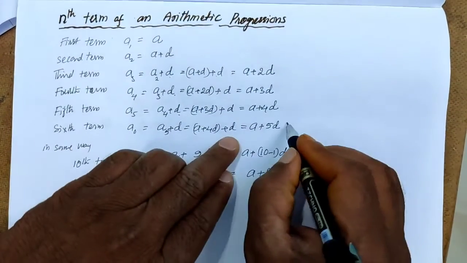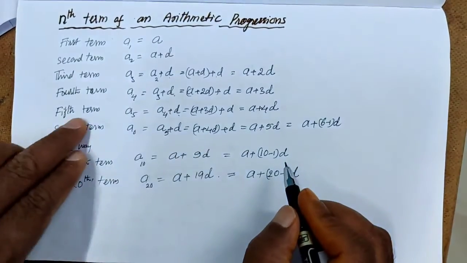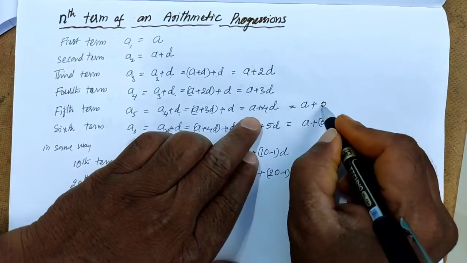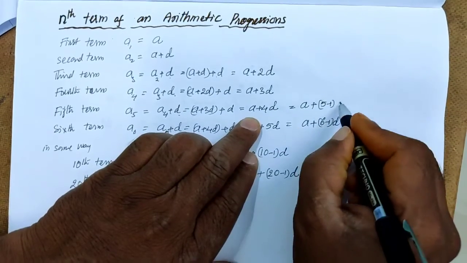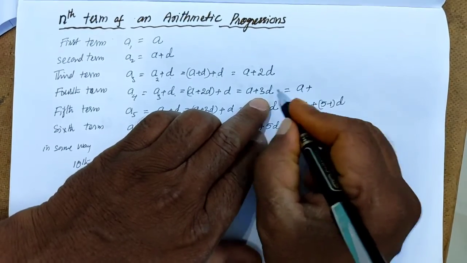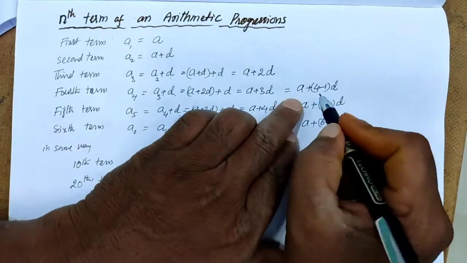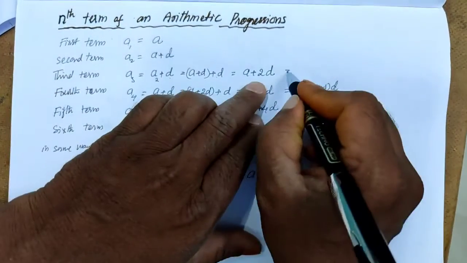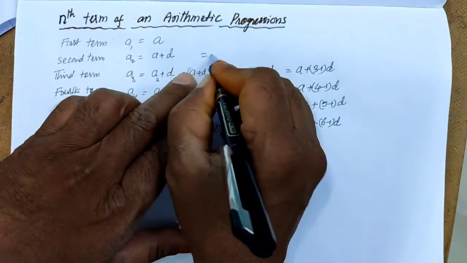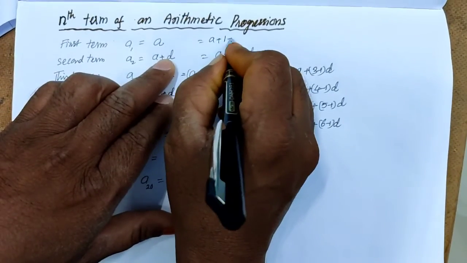Similarly, sixth term can be written as a plus 6 minus 1 into d, and fifth term a plus 4d can be written as a plus 5 minus 1 into d, and fourth term a plus 3d is a plus 4 minus 1 into d, and the third term a plus 3 minus 1 into d, and the second term a plus 2 minus 1 into d, and first term a plus 1 minus 1 into d.